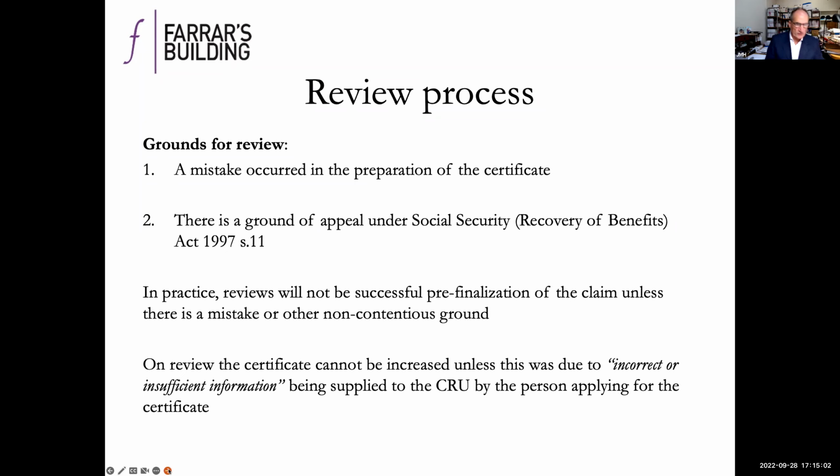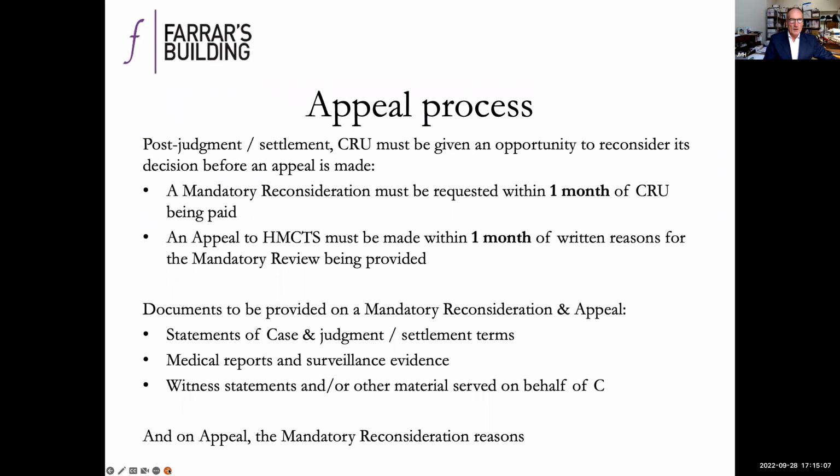So moving on to the next slide and the appeal process. So post-judgment settlement, CRU must be given an opportunity, first of all, to reconsider its decision before an appeal is actually made. Because appeals are now done through the First-tier Tribunal, and consequently, in order to reduce costs, there's a mandatory requirement to ask them to reconsider first.